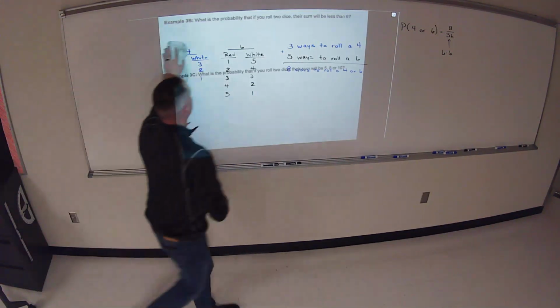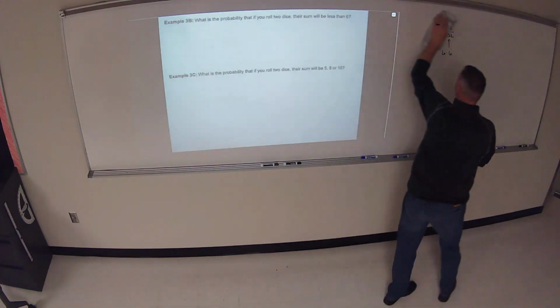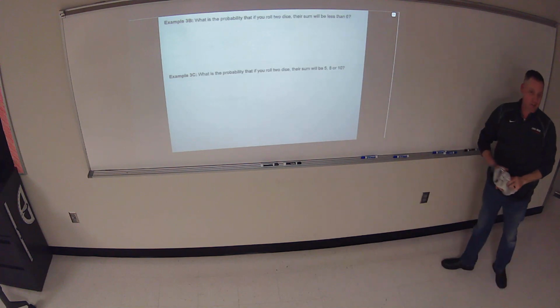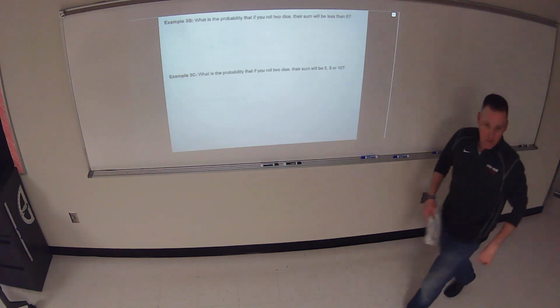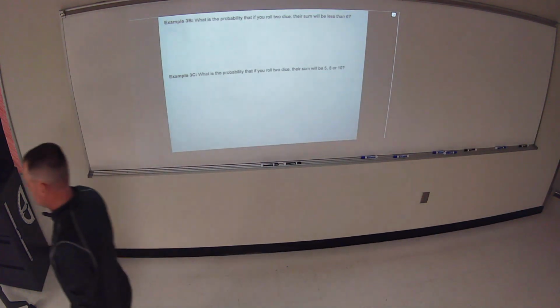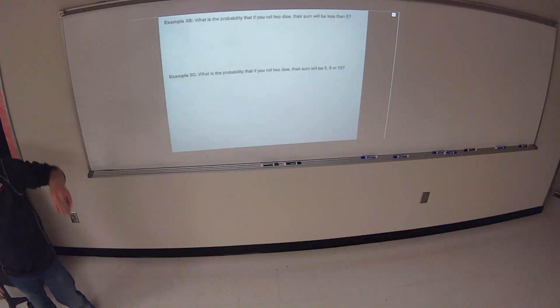Alright, so example 3B. What is the probability that if you roll two dice, your sum is going to be less than 6? Probability says we need to know all of our favorables divided by total. Let's start with our total.